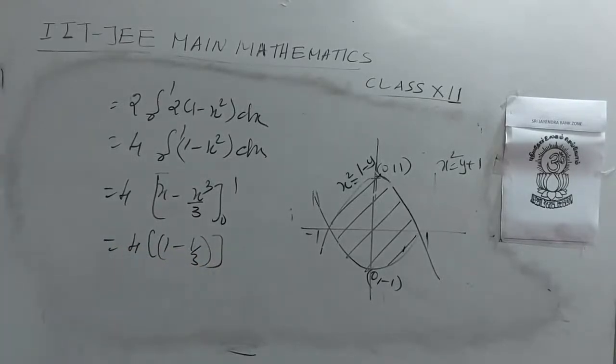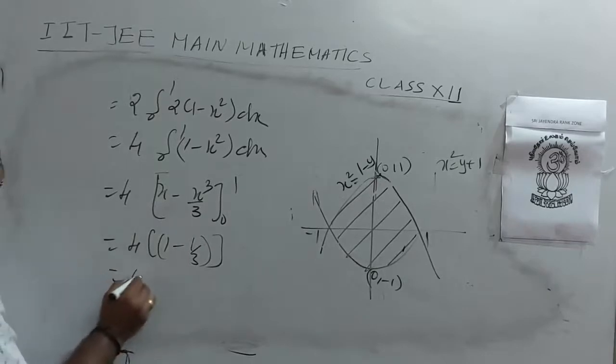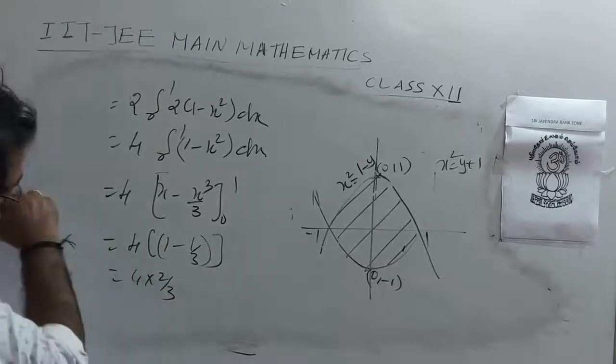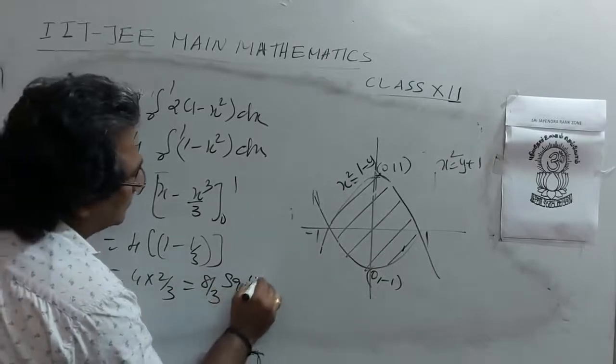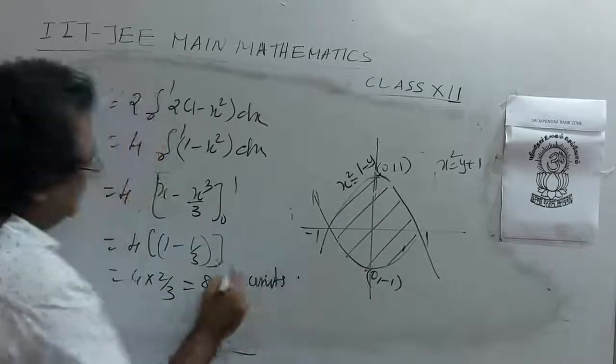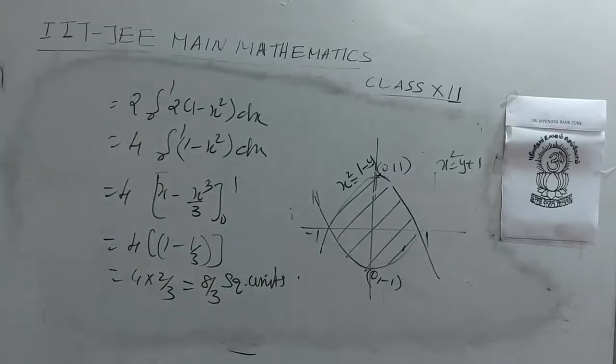One minus 1 by 3. 4 into 2 by 3. That is 8 by 3 square units.